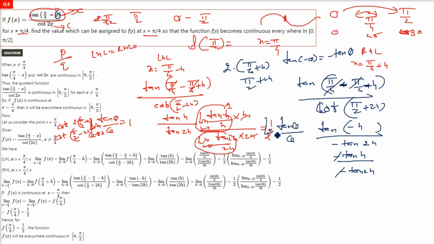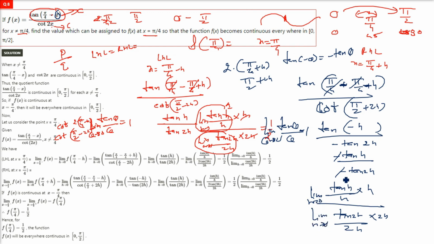So you have limit theta tends to 0, tan theta by theta is 1. We'll do it the same way, tan h by h into h, and tan 2h by 2h and 2h, by multiplying the numerator and denominator. This way we have to introduce ourselves. Applying the limit h tends to 0, this is going to be 1, this is going to be 1, h gets cancelled, you get 1 by 2. So LHL and RHL both are 1 by 2.